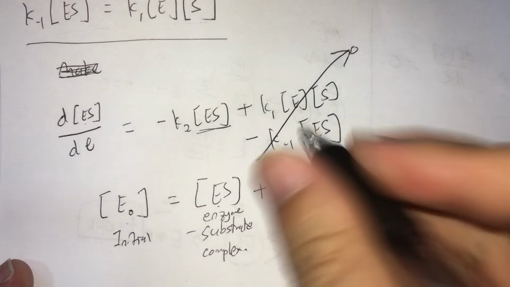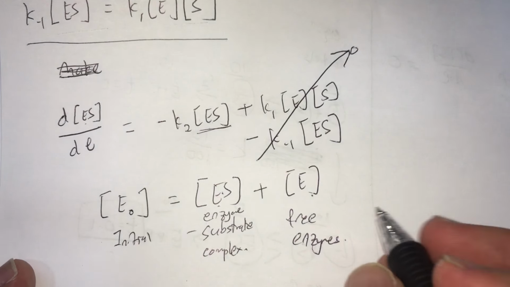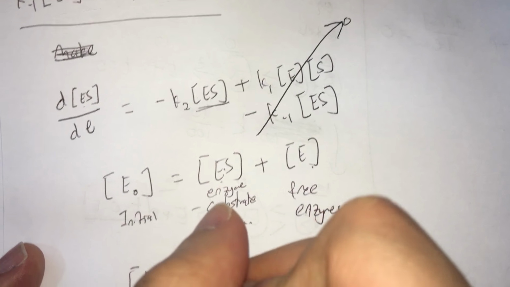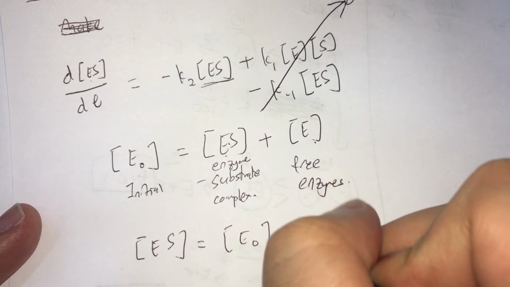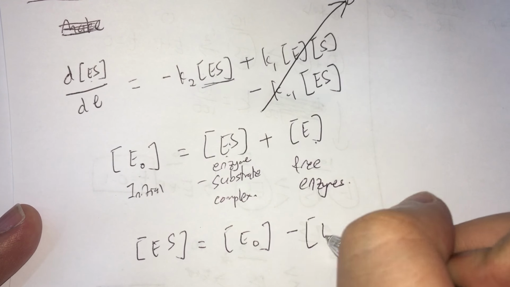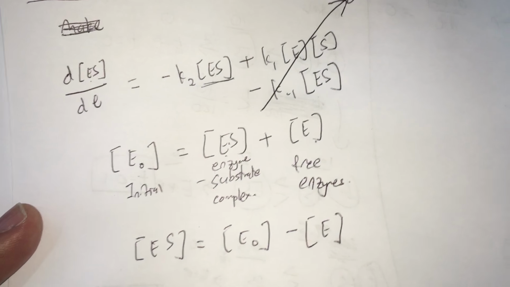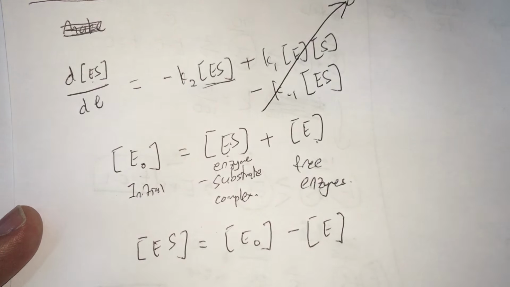Okay, so we want to make this the subject, so we'll just rearrange our equation as so. ES equals E naught minus E, and that solves part of the problem. But now you have this problem. What's E going to be?